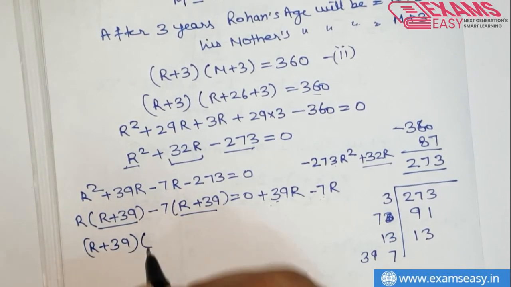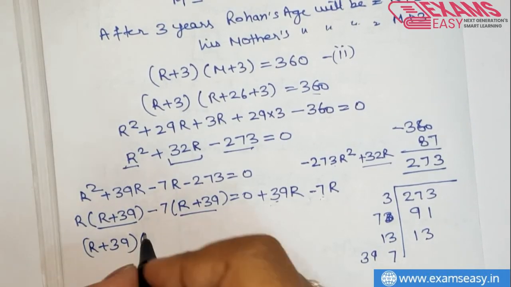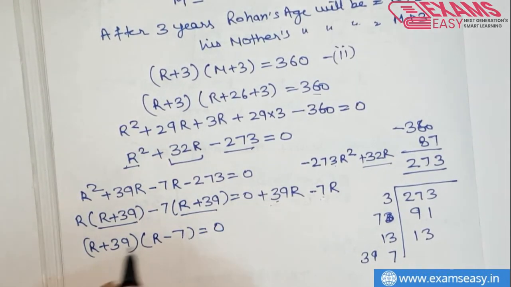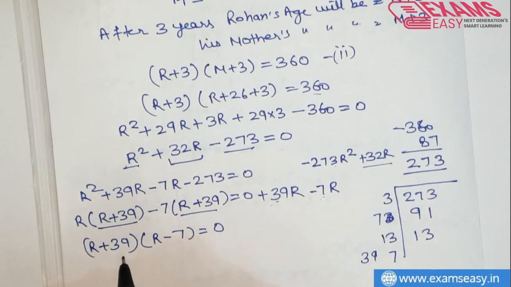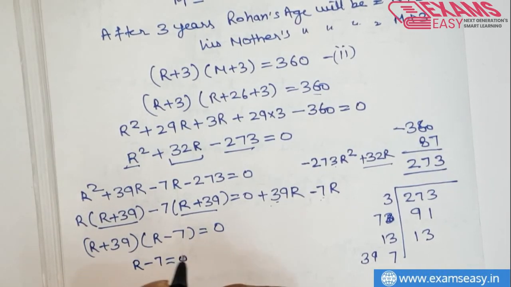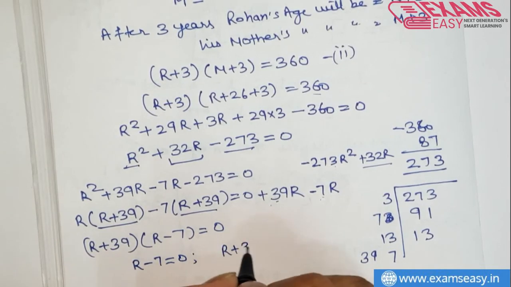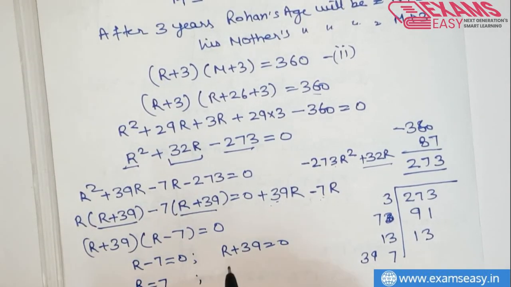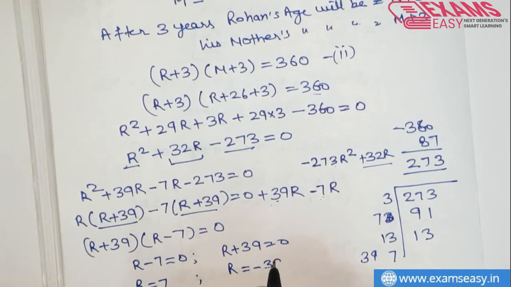Within the bracket we are left with R minus 7 is equal to 0. So if we equate both the terms to 0 individually, we get R minus 7 is equal to 0 and R plus 39 is equal to 0. R is equal to 7 and we are getting R is equal to minus 39.